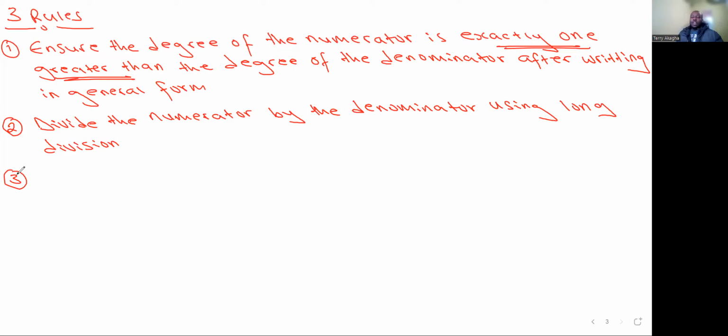So the quotient you get from the equation in step 2 is gonna be used to obtain the slant asymptote, okay?